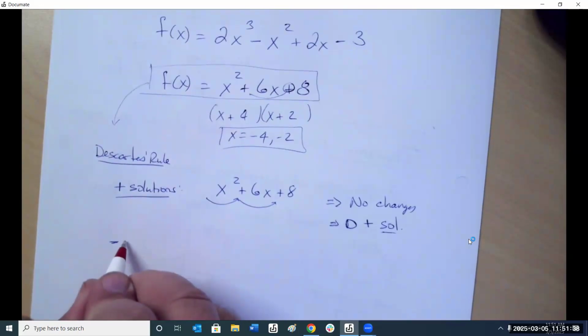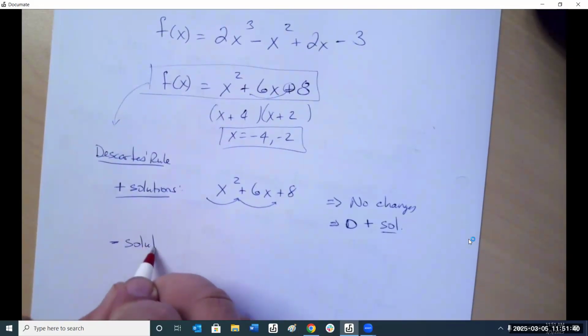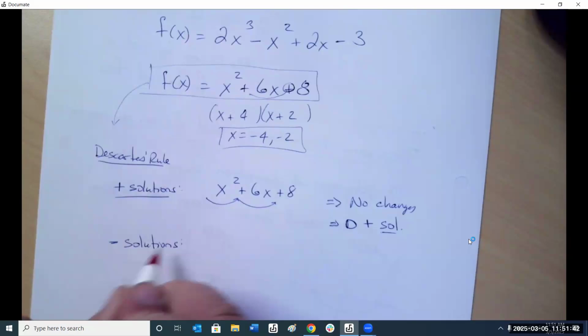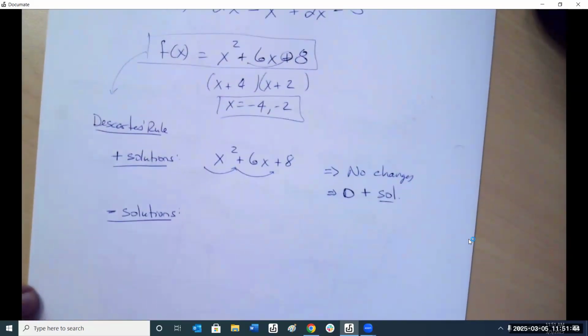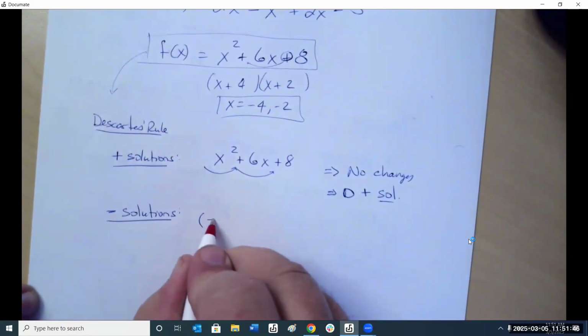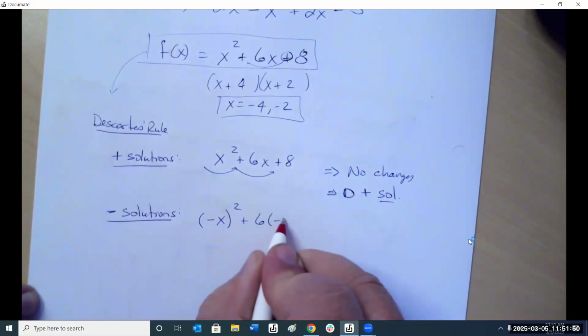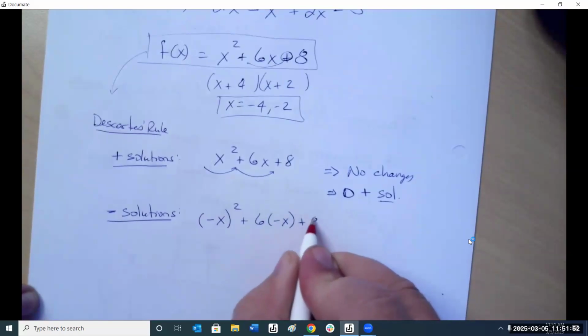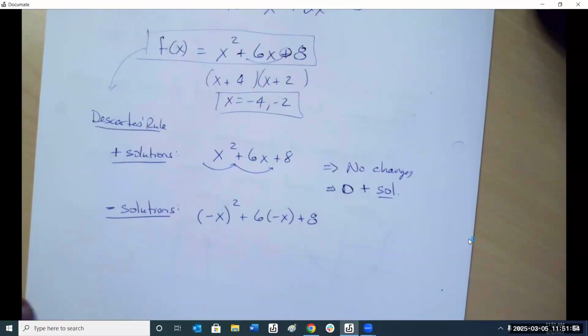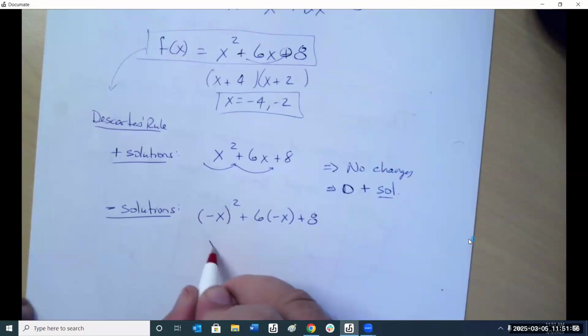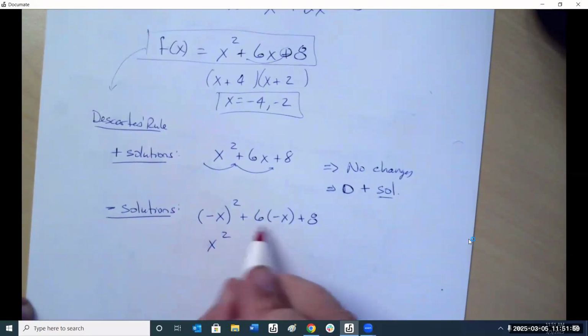To find the number of negative solutions, now we have to set it up. We have to change all the x's to negative x. Negative x squared stays positive x squared.